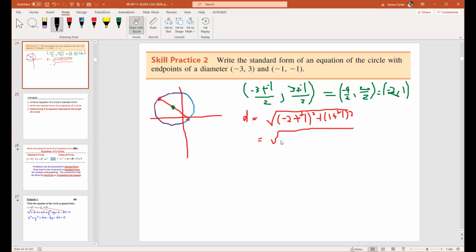Now, on this one, I have -2 plus +1, which gives me a value of -1, squared, plus +1 plus +1 is +2, squared.